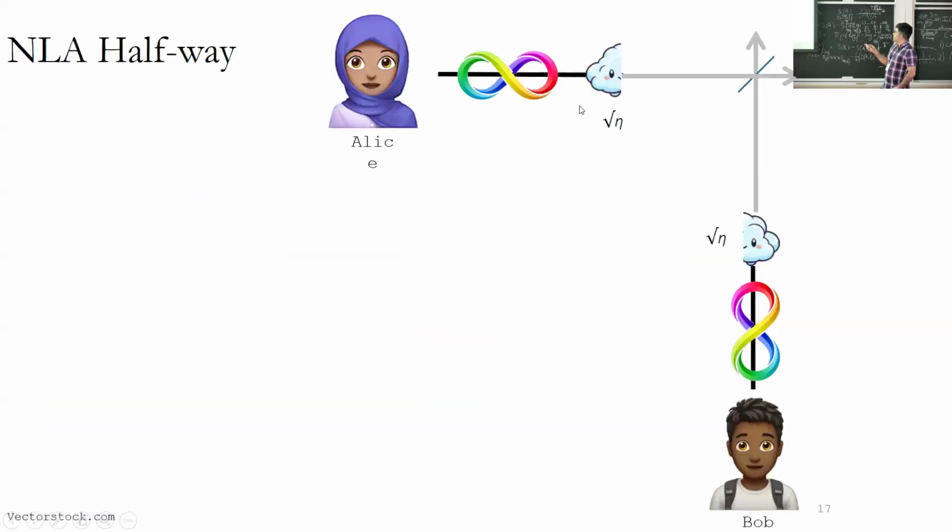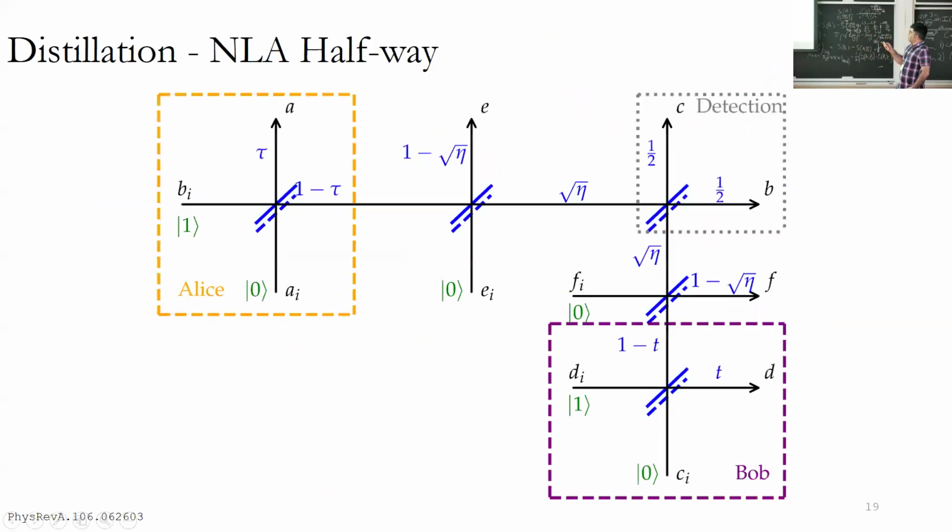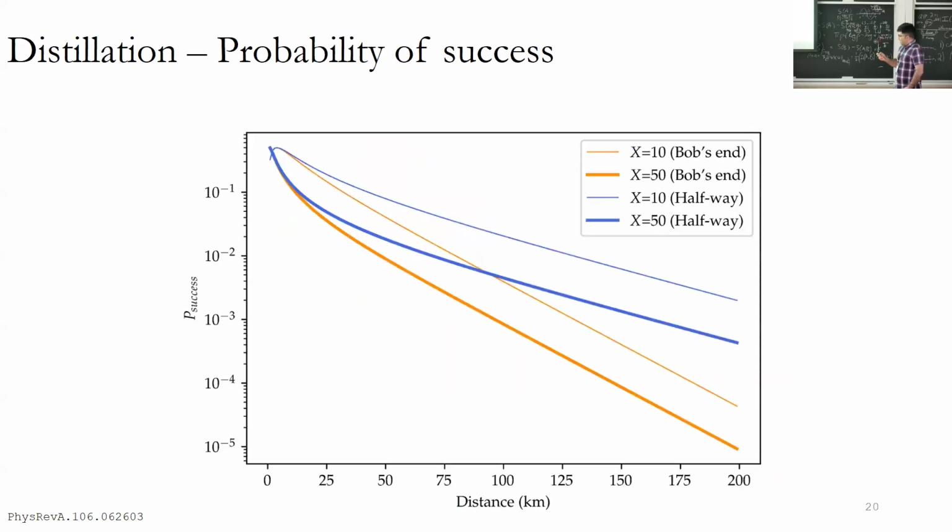But now the question is, what if we bring this relay station somewhere in between Alice and Bob, where her state goes through a square root of loss, Bob's state goes through a square root of loss, and what happens then? Again, if we have one photon at this heralding station, then there is an entanglement shared between Alice and Bob, but the difference this time is that the probability of success of the protocol is actually higher.